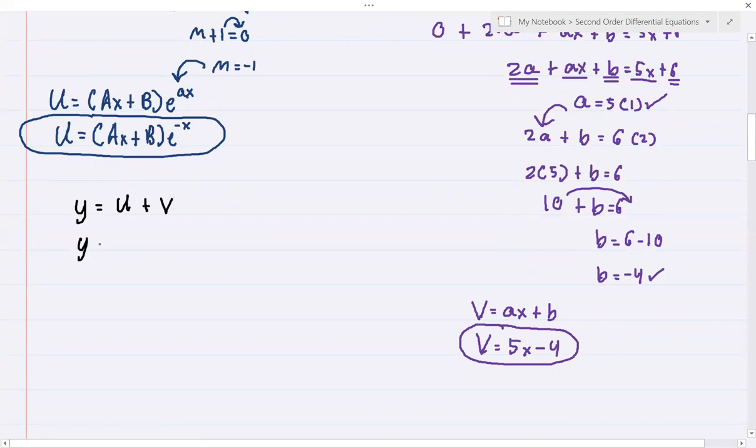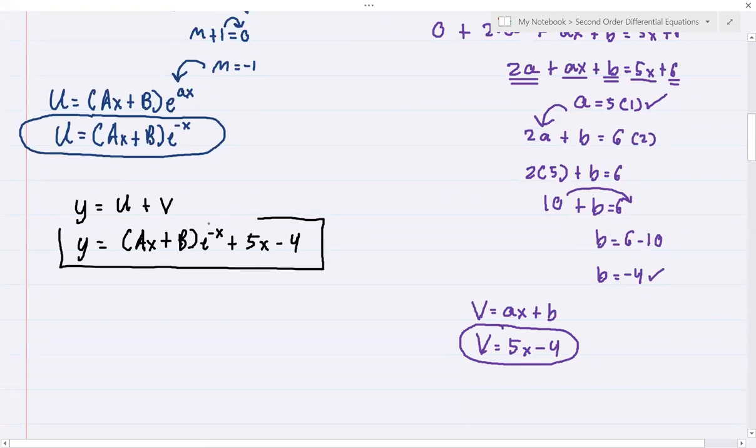By further substitution, we will have y equals quantity ax plus b times e raised to negative x, plus your v, which is 5x minus 4. So that is your general solution.